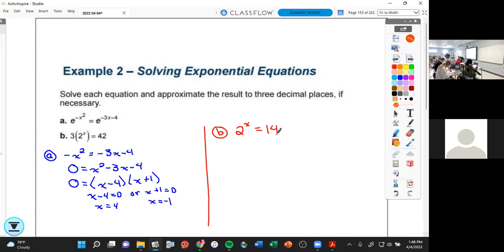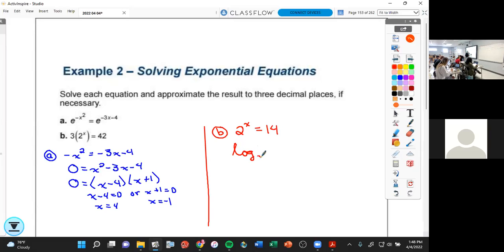What kind of a problem is this one? Exponential. This is an exponential equation. What is the inverse of exponential? Logarithmic. What is the base on the problem that I'm looking at? Base is 2. So I'm going to take the log base 2 of both sides.